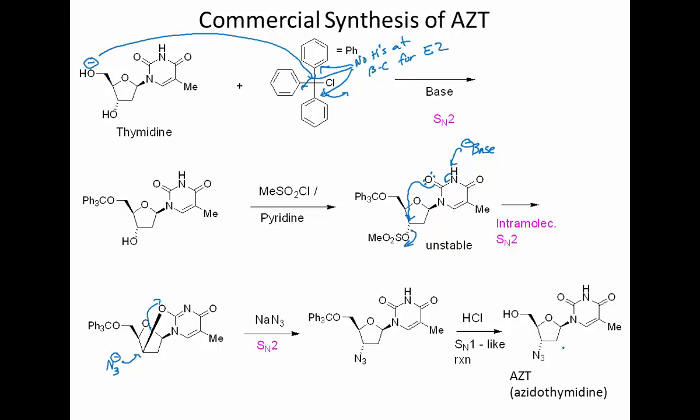I guess the byproduct in this case is triphenylmethyl chloride, and this is the actual pharmaceutical compound, AZT, which again was the first drug approved for the treatment of AIDS.